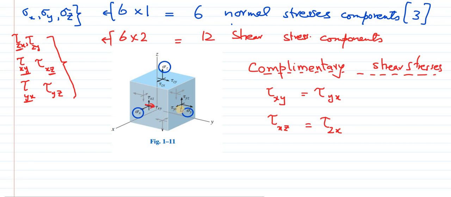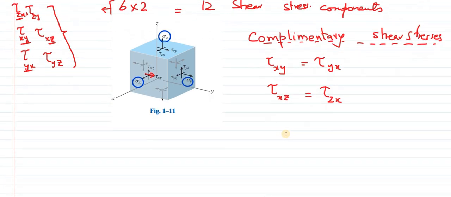With this face, it has a complementary shear stress pair of tau xy, tau yx, and this is also adjacent to this face. So we must have another complementary shear stress acting over here. So we have tau xz and tau zx as a pair of complementary shear stresses acting over here. We need to know the magnitude of one, the other magnitude will become automatically known because those will be equal, and the direction will be dictated by equilibrium.